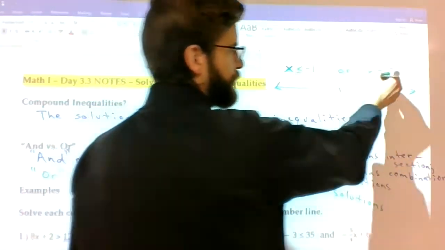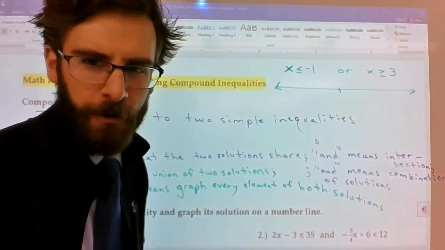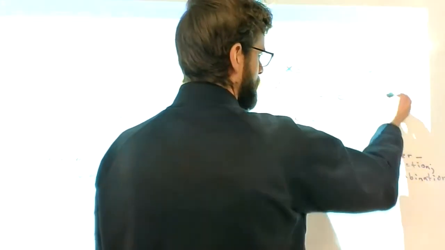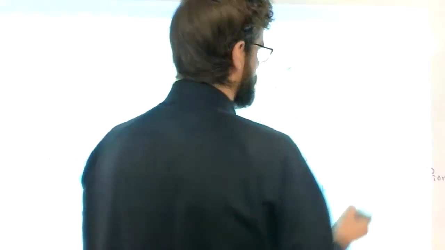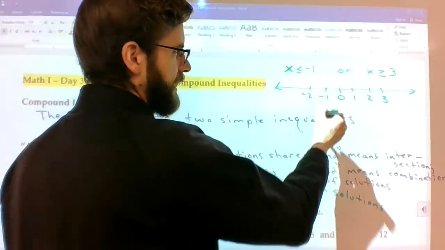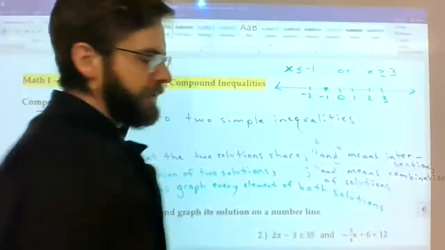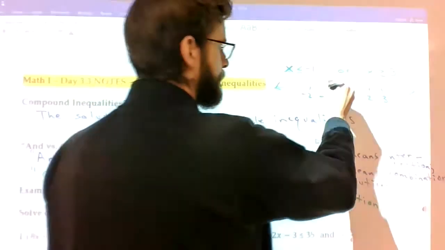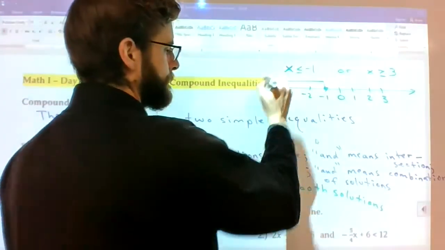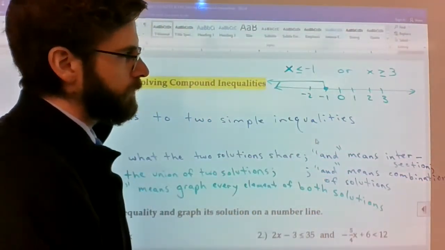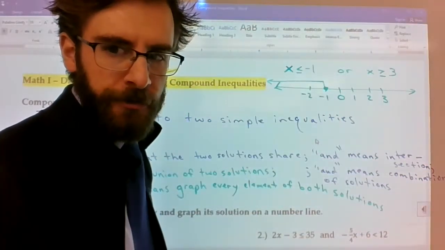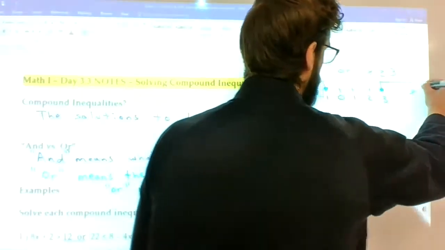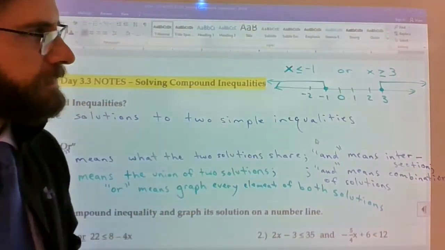Let me put equal to so that we've got some representation from both parts. So I would put a closed circle at -1, and less than or equal to means everything left of it. When I graph x is greater than or equal to 3, closed circle at 3. And it would be everything to the right of 3.